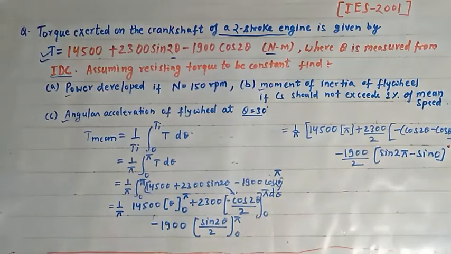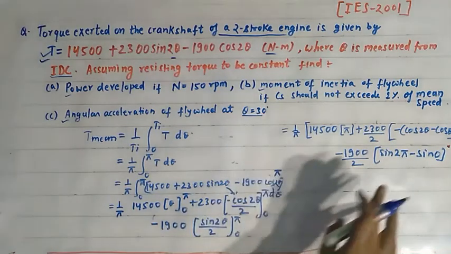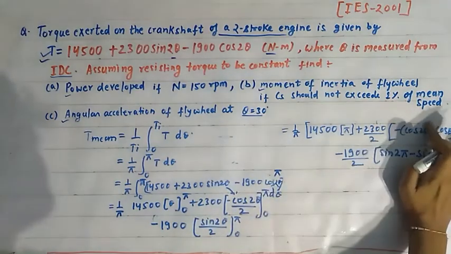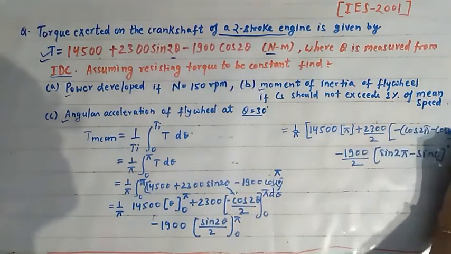Now friends, for this term we have substituted the limits 0 to pi, so I will write here 2 pi, and this is cos pi in place of theta.